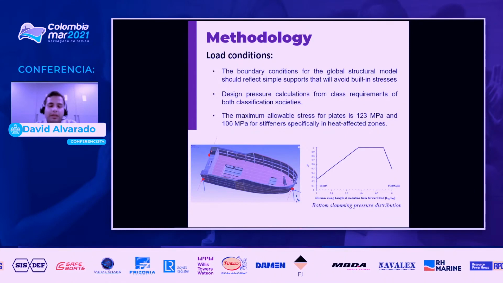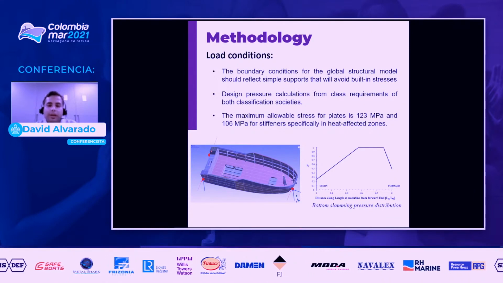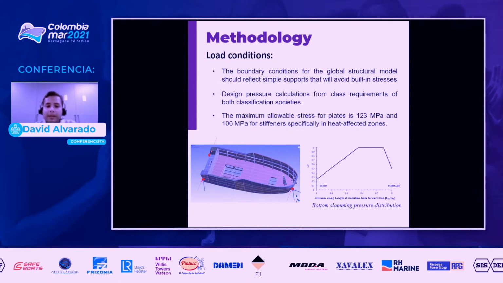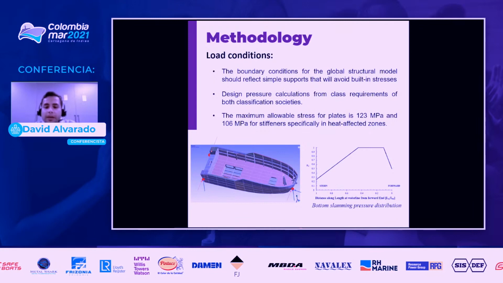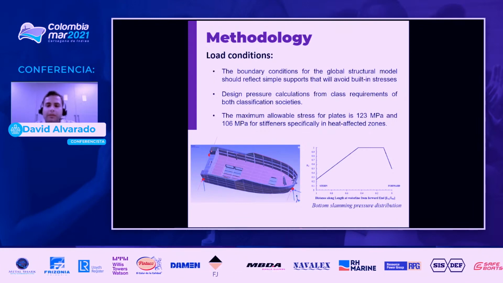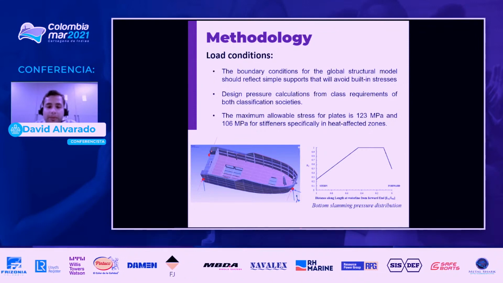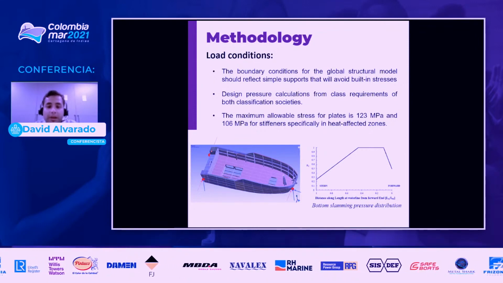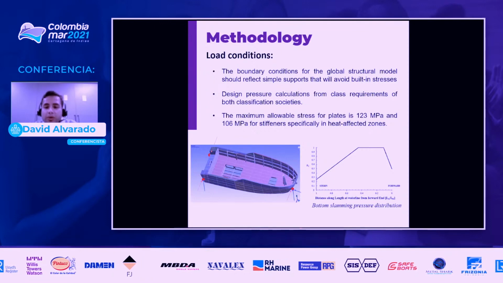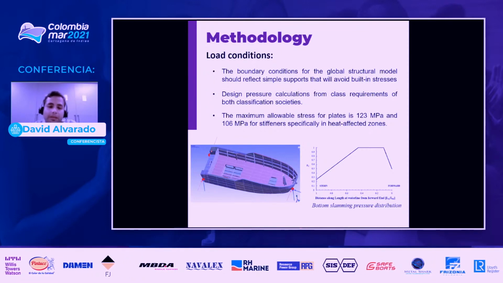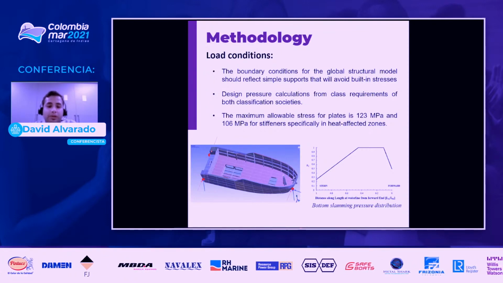And for the calculation of the loads imposed on the model, we have those determined by the standard. In the picture to the right, we can see the distribution, which is the most elevated pressure that was used in terms of the scantling and how that was distributed along the hull.